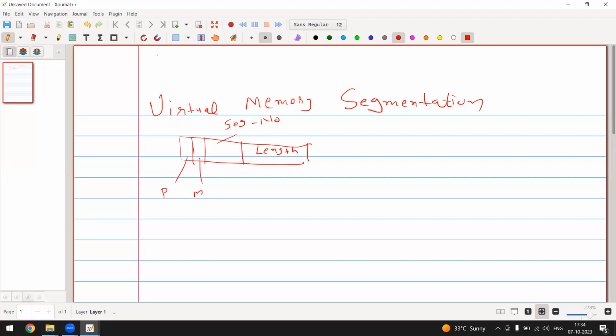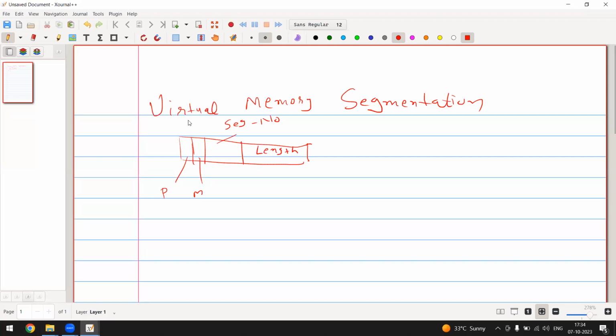The use of the modify bit is that if the modify bit is set to 1, then at the time of swap out, when you swap out that particular segment from the memory, you have to perform the disk write operation first. You have to change the content of the particular segment in the secondary memory before you can discard that page.